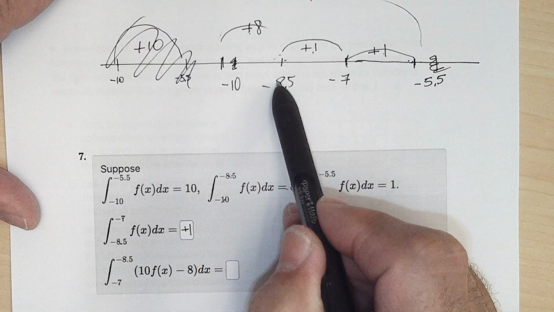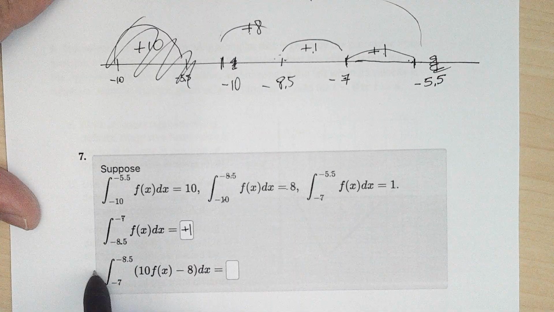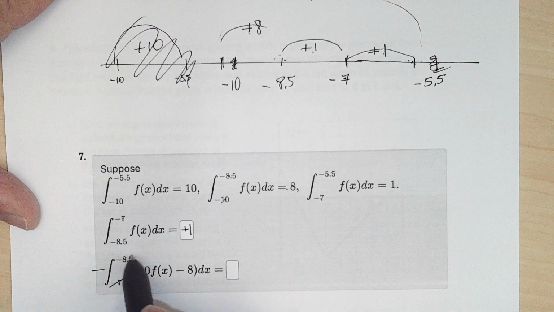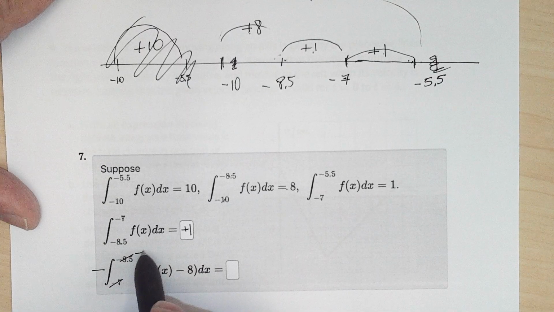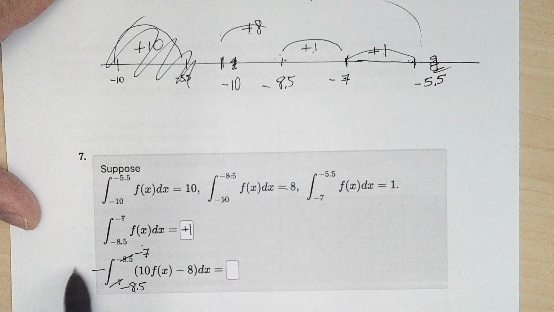First of all, that's backwards. So I'm going to put a minus here and turn these around to make it negative 8.5 to negative 7. So now I can deal with the numbers, and then I just have to make it negative on the answer.